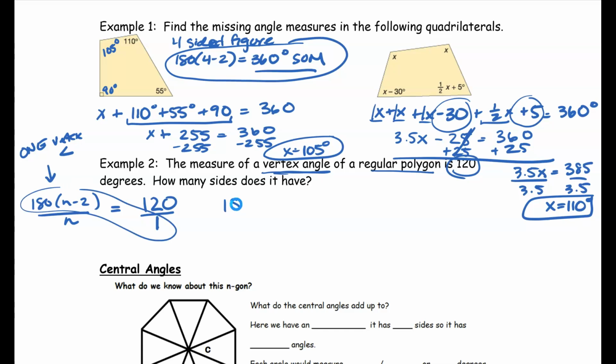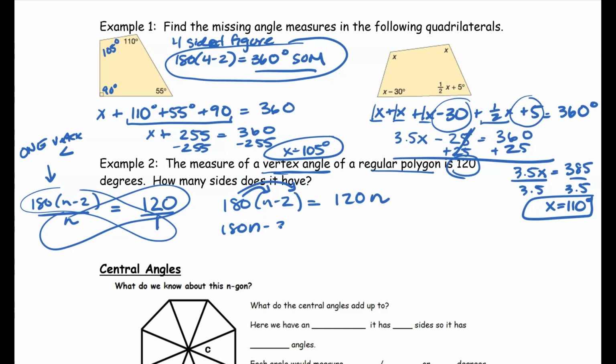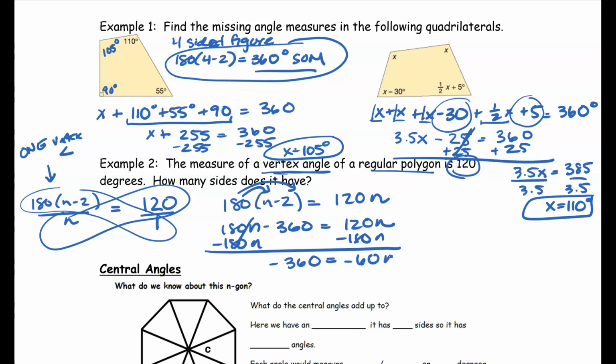So I get 180 times n minus 2 equals 120n. And then I'm going to multiply that 180 in, so 180n minus 360 equals 120n. I get the n's together, and so I'm left with negative 360 equals negative 60n.